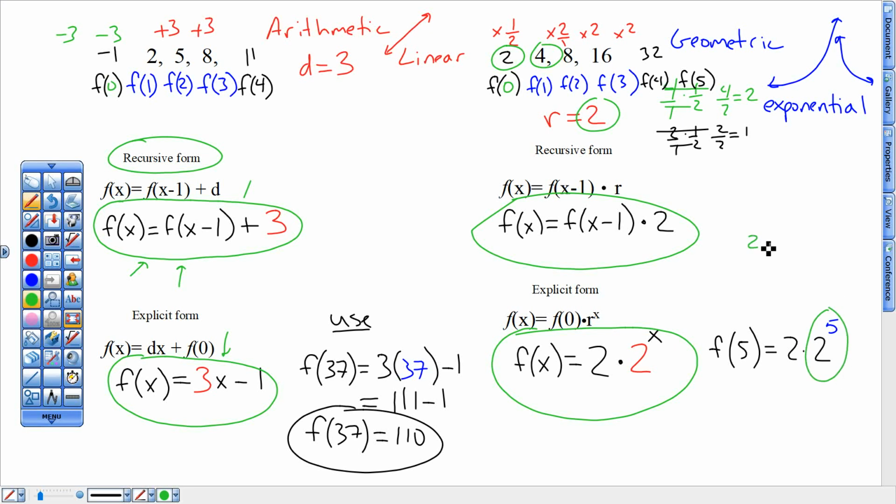So 2, 2, 2, 2, 2, 5 of those 2's. I could show you on your calculator how to do these, multiplying 5 of those 2's. So when I do that, 2 to the 5th becomes 32. And of course, all I got to do is times that last 2, and that gives me the 5th term in the sequence is 64, which makes sense.